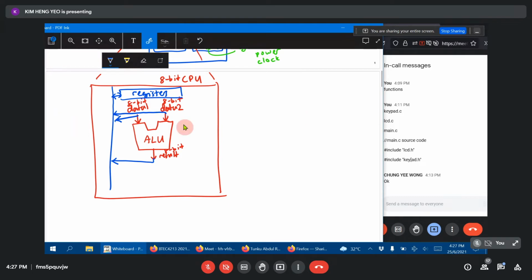Now, the ALU performs operations, but where are those operations stored? Those operations are stored in memory outside your CPU. So in order for your CPU to access memory, it needs a memory controller.